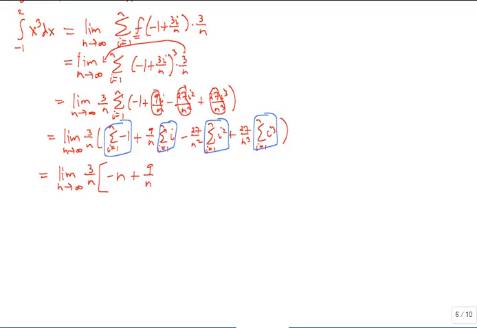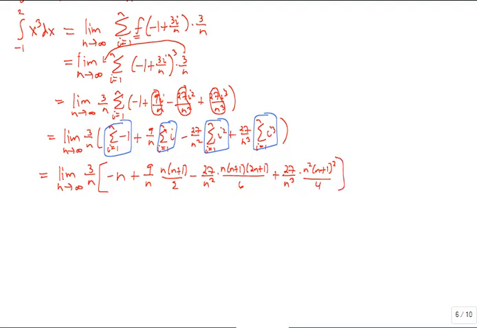Then the sum of i is n times n plus 1 over 2. Then we have that 27 over n squared times the sum of i squared. That's the n times n plus 1 times 2n plus 1 all over 6, plus the sum of cubes formula was n squared, n plus 1 quantity squared all over 4.